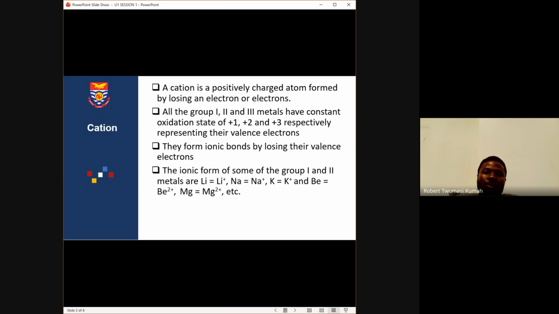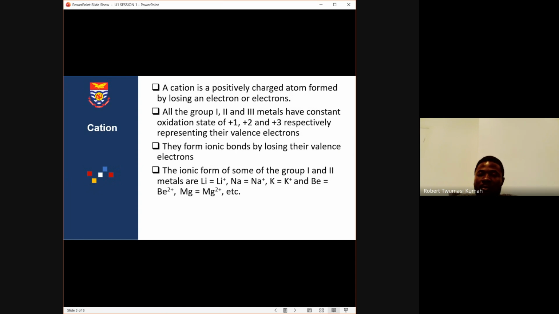So when it loses, we assign it a positive charge. However, the number to add to the charge depends on how many electrons it lost. If it lost just 1 electron, we just put a plus there. If it lost more than 1, then we indicate the number. So if it lost 2 electrons, we put 2 there.